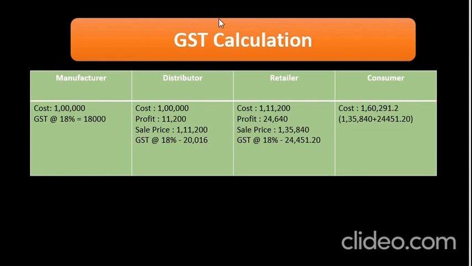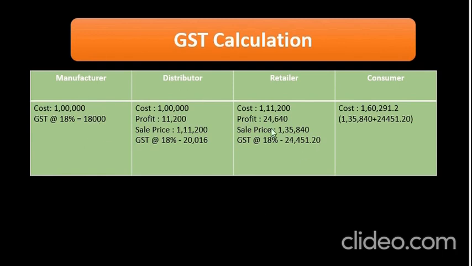So this is the input tax credit facility. It is like a deduction between the tax paid and the tax collected by the distributor. The tax to be paid by the distributor is 18,000, which he has to pay to the government officials, that is GST government officials.